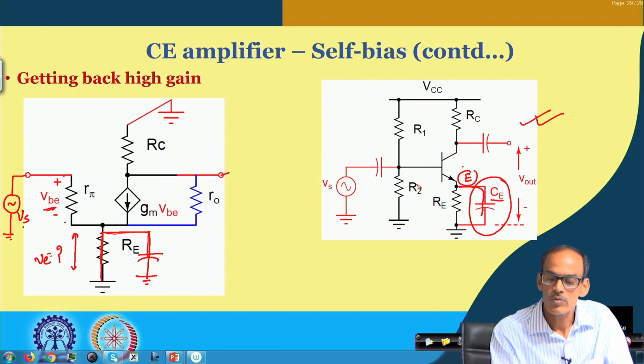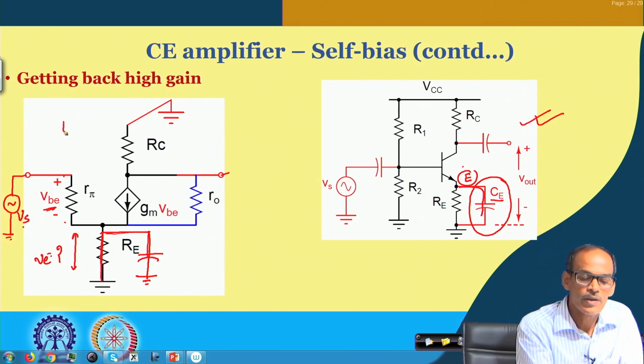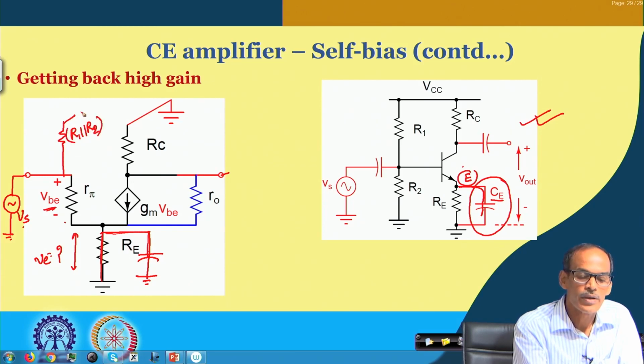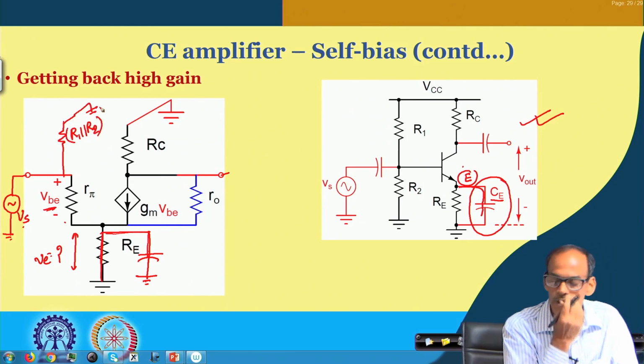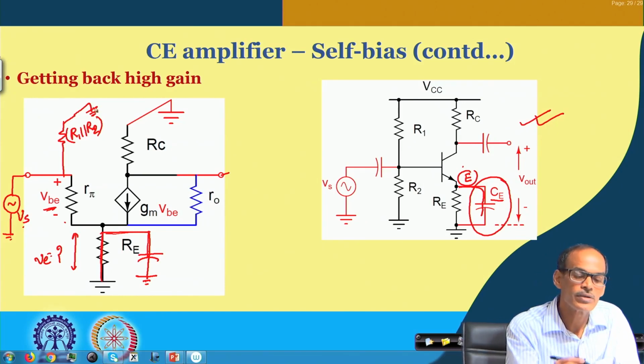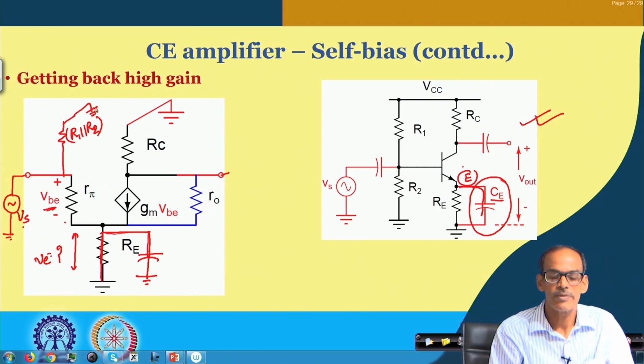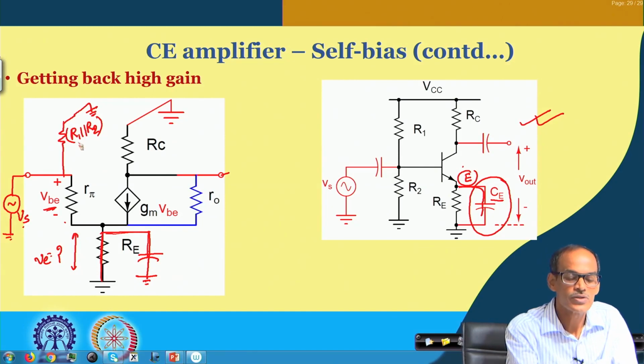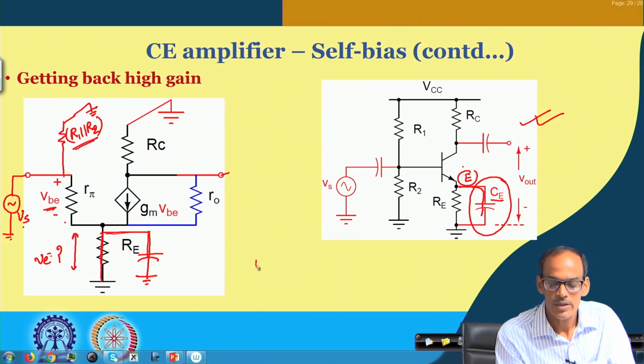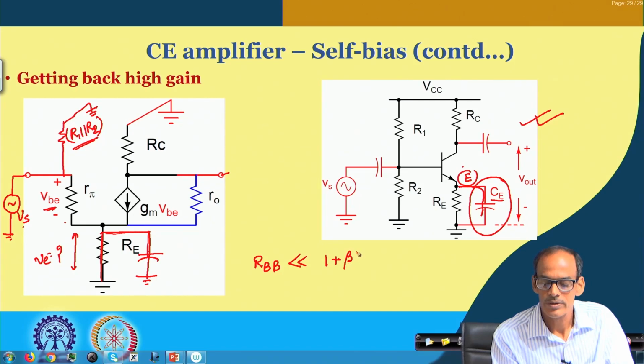By the way, we also have R1 and R2 coming in parallel, and practically we need to be careful that while we are keeping it similar to the fixed bias, in this case RBB needs to be very small compared to (1 plus beta) into RE.